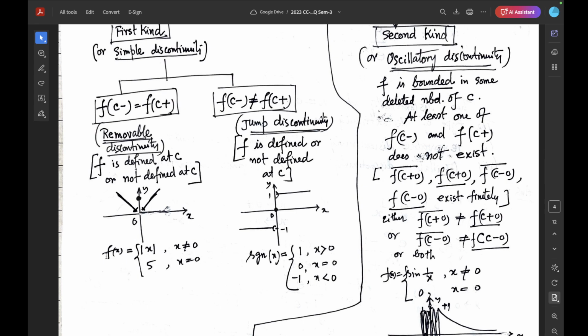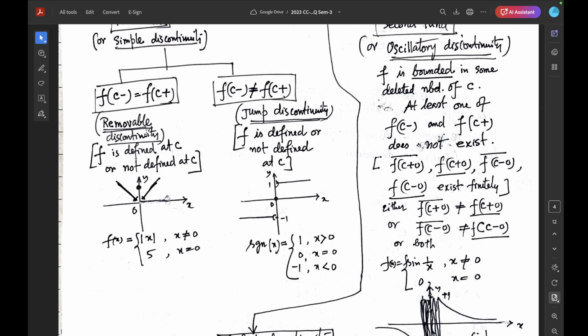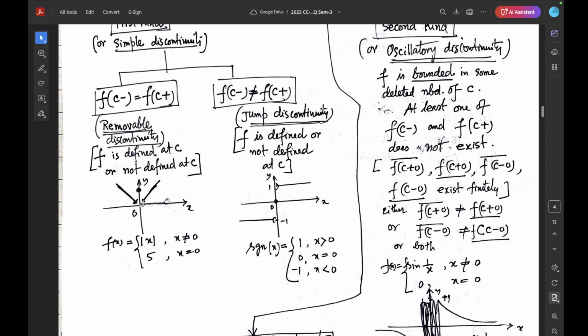Consider this example: fx equals mod x for x not equal to 0 and fx equals 5 for x equal to 0. So clearly left hand limit is 0, right hand limit also 0. The function value at the point 0 is 5. So function is not continuous at the point 0, and this type of discontinuity is called removable discontinuity.